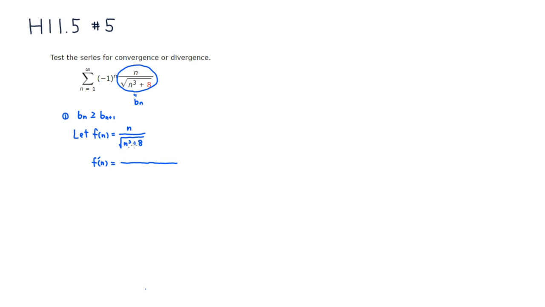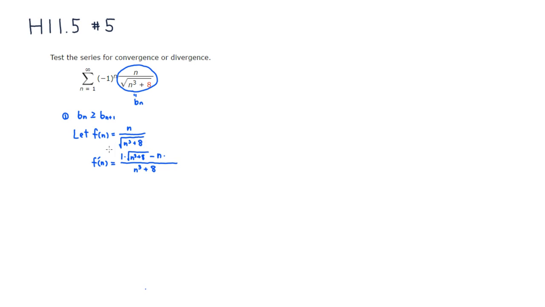Square the denominator, so we have n cubed plus 8. Derivative of n is 1 times the denominator, so it's the square root of n cubed plus 8, minus the numerator, n, times the derivative of the denominator.